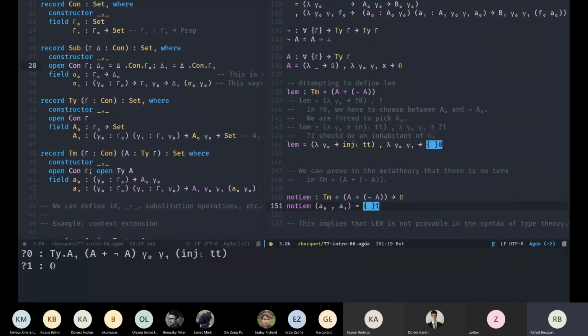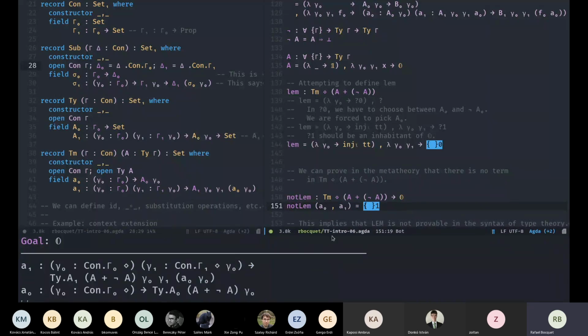Okay, and there are two cases. So, what happens is that A0 is either in the left or in the right component.